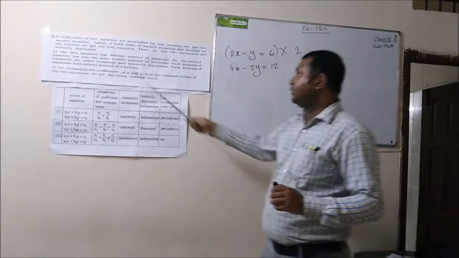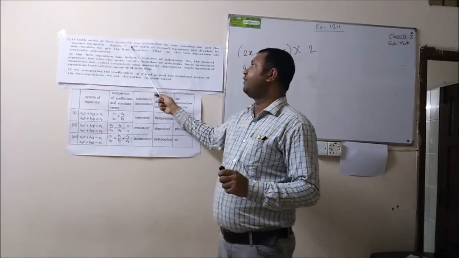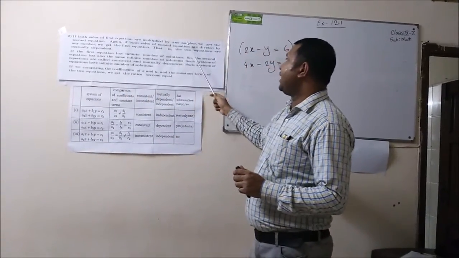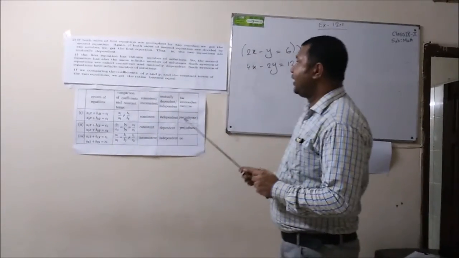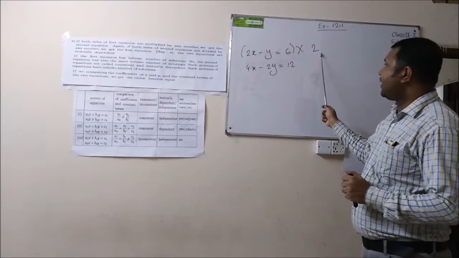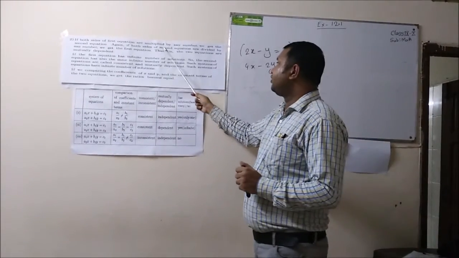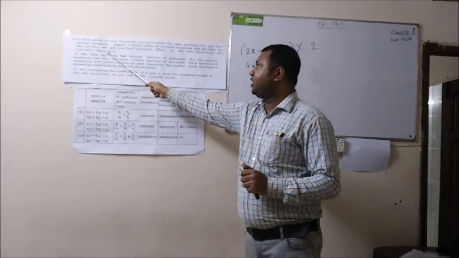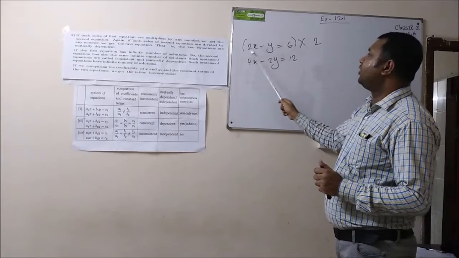So if you divide the second equation by 2, you get the first equation. If both sides of the first equation are multiplied by any number, we get the second equation; here, if you multiply it by 2, we get the second equation. If both sides of the second equation are divided by any number, we get the first equation; if we divide by 2, we get the first equation.